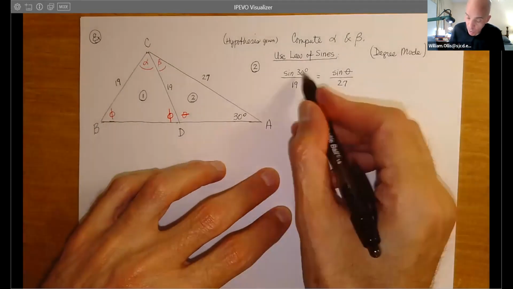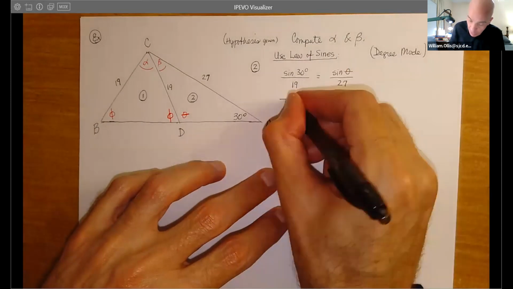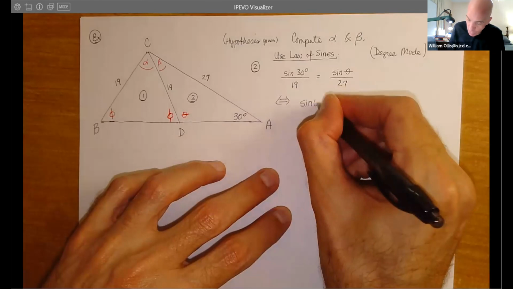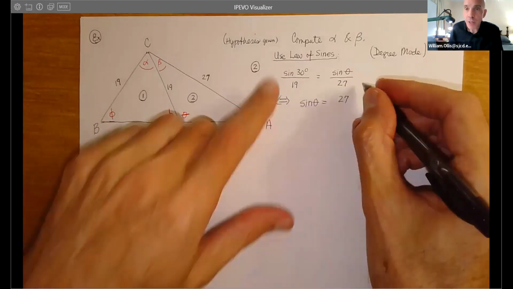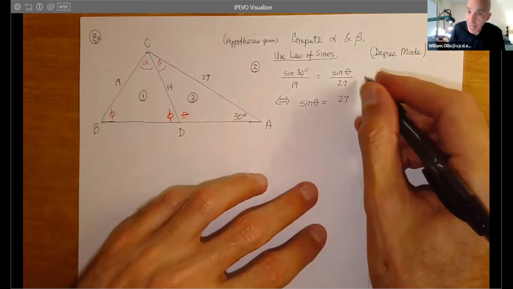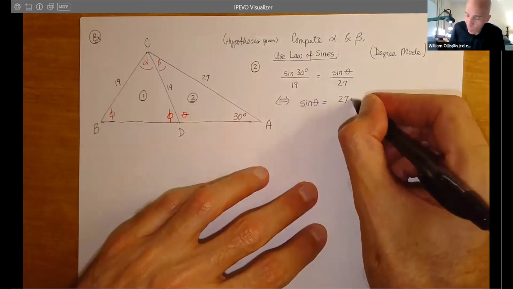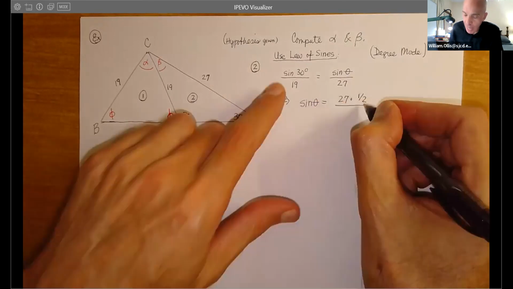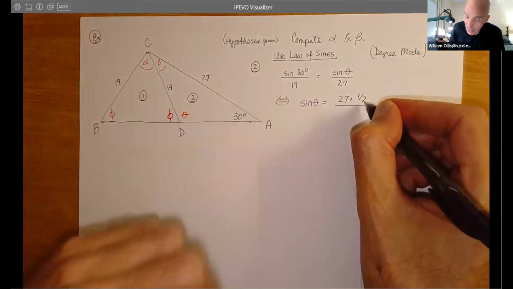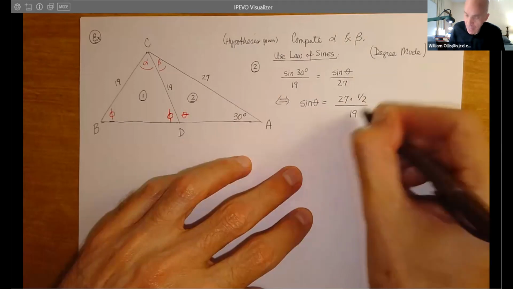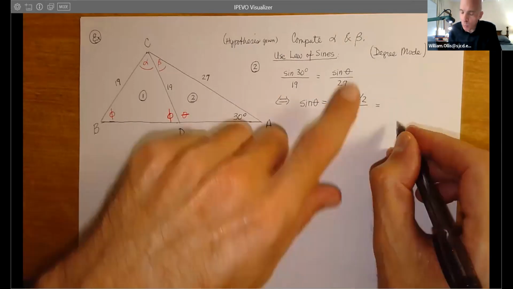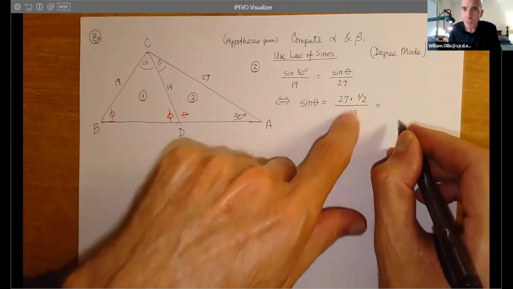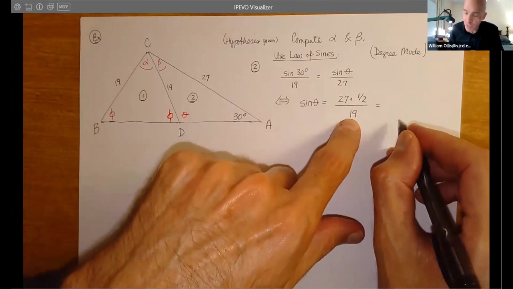So now we can solve. Let's just go ahead and cross multiply. So if and only if sine theta equals 27 times sine of 30 degrees, and that's just 1/2. If it's easy, it's easy. So let's take easy. And then we've got a 19. Now notice when we divide this by 2, we're just multiplying the denominator by 2, and that gives us a 38.